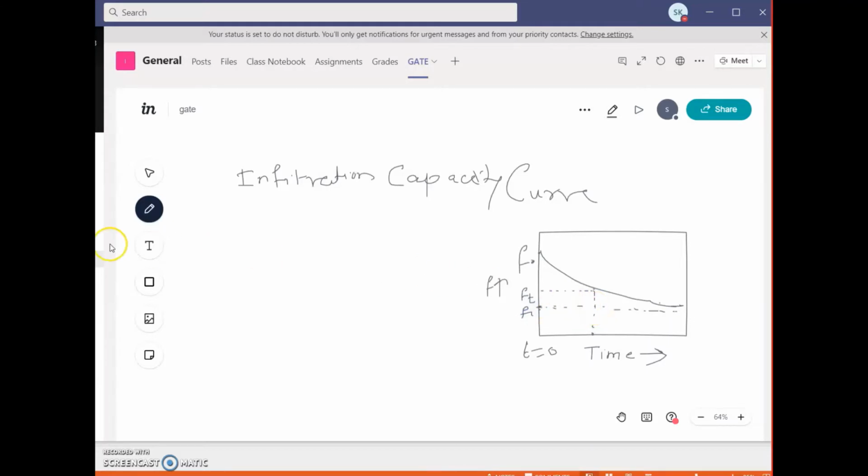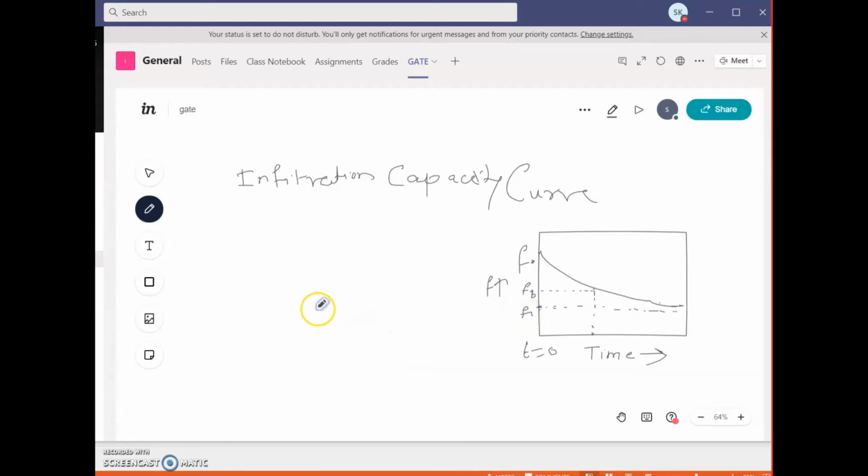We will write ft at the top so that there won't be any confusion. The lower one is fc and the above one is ft. For any time, whatever the infiltration rate is, that is nothing but the ft.